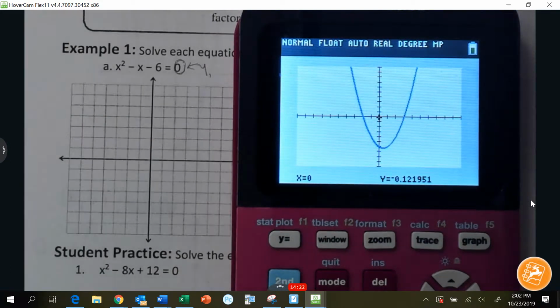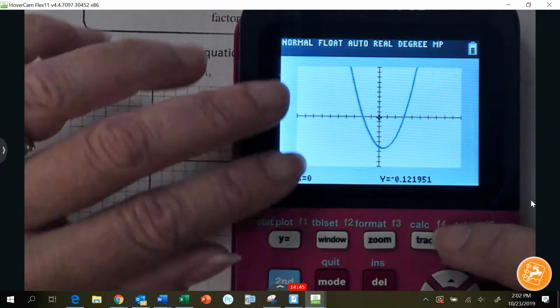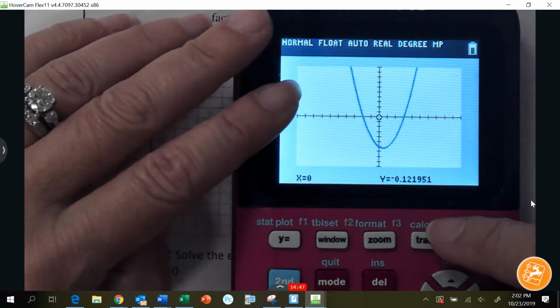I haven't shown you how to do it yet, but I'm about to. So we're guessing it's -2 and 3. There's a few ways we can validate that. But what if it was -2.000000001? Exactly. So I'm going to show you how to find this exactly.